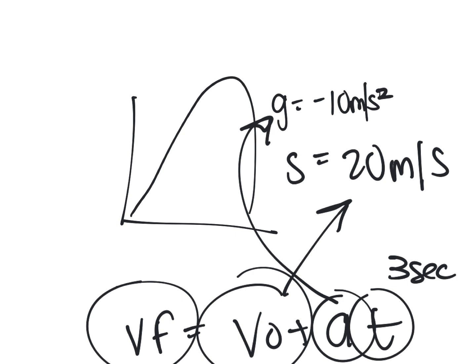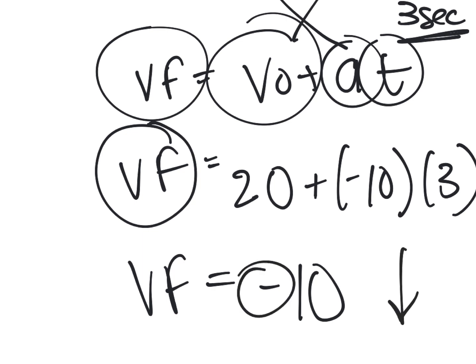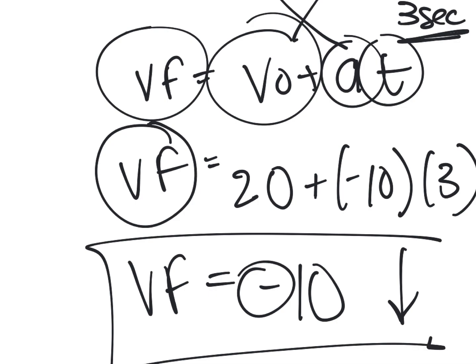So in order to find the final velocity at 3 seconds, we will plug in these variables, and it would look something like this: 20 plus negative 10 times 3. And if we solve, we know that we will get negative 10, and it is moving downwards because of the negative sign. And that is the answer to number 11.